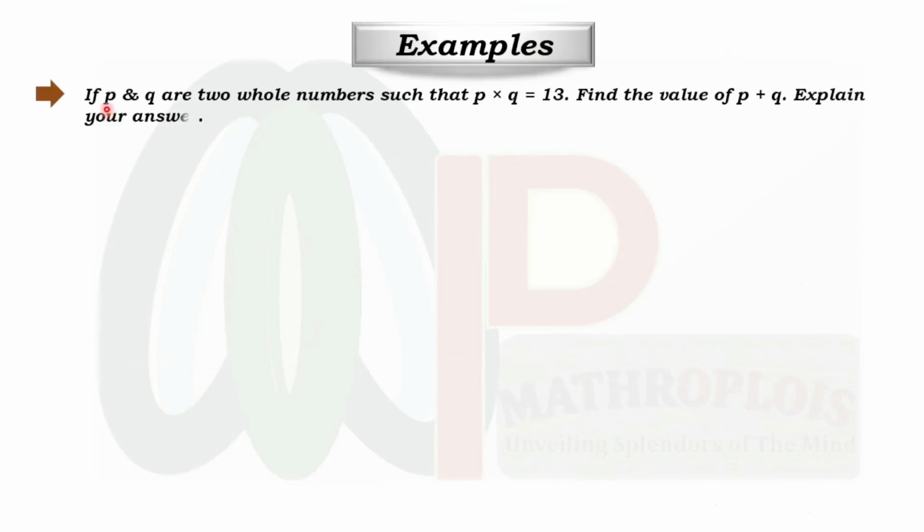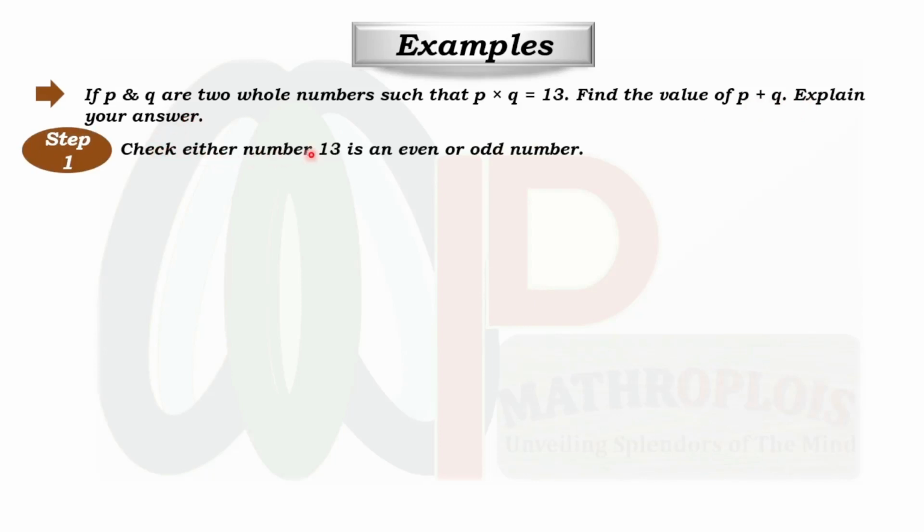There is another example. If P and Q are 2 whole numbers such that P multiplied by Q is equal to 13, find the value of P plus Q. Explain your answer.